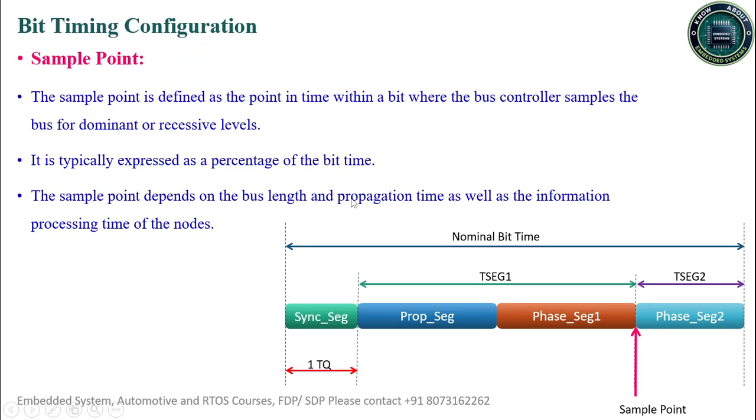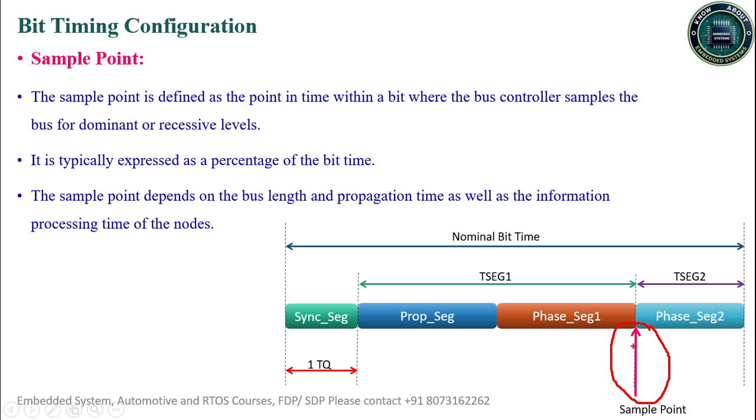The last one is called the sample point. The sample point, you can see here, the arrow I'm showing, defines the timing at which we are going to measure or detect whether the bit is a dominant bit or a recessive bit.